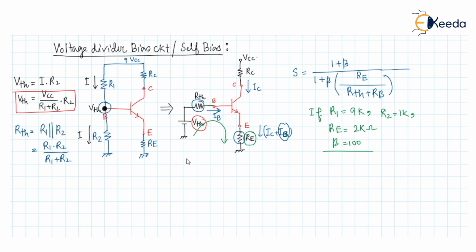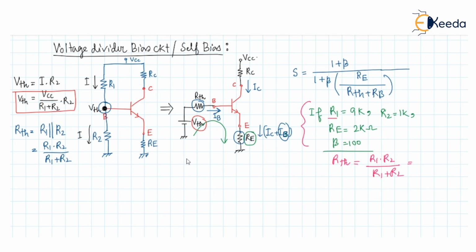Then the RTH value from this example will be R1 into R2 divided by R1 plus R2.